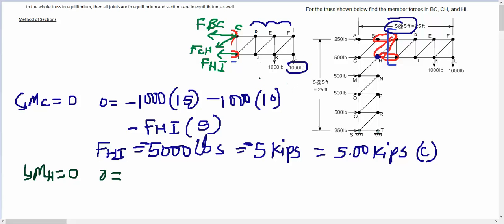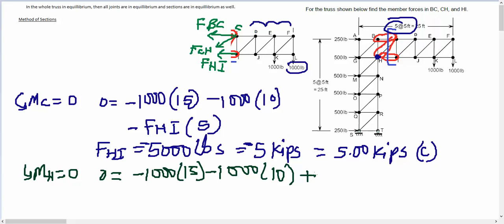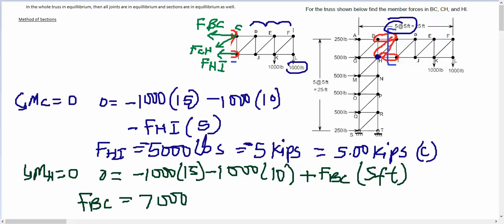So here we also have the same forces again, negative 1,000, distance of 15, negative 1,000, distance of 10, and we have FBC now, which will be positive because this is going in the counterclockwise direction at a distance of 5 feet. So solving for FBC gives us 7,000 pounds, which is the same as 7 kilopounds. And since this is positive, this will be in tension.